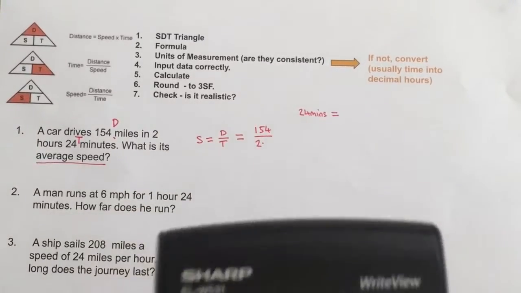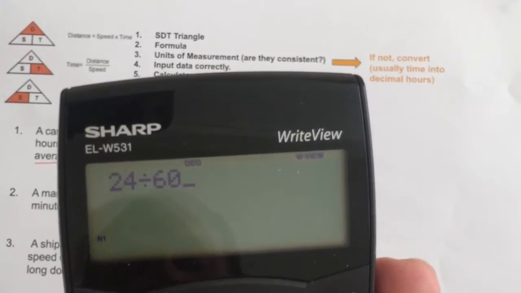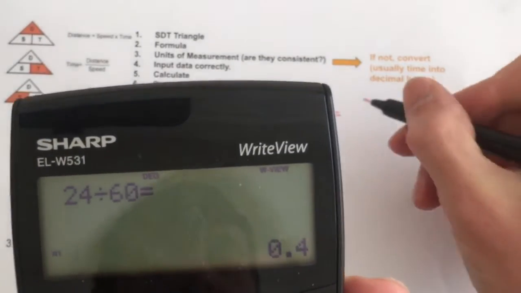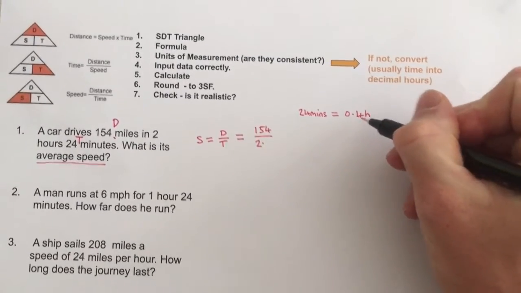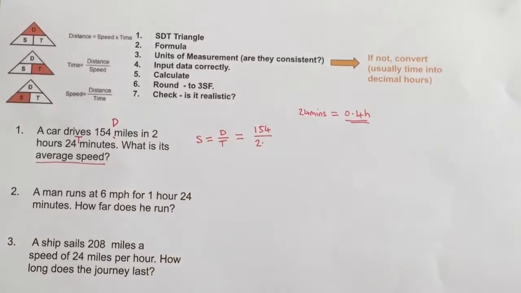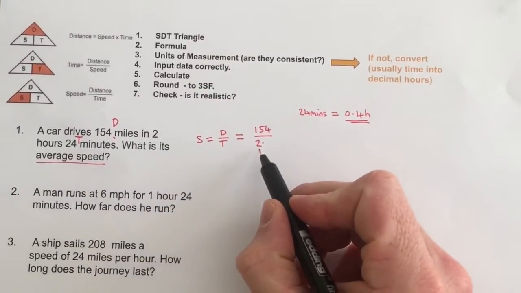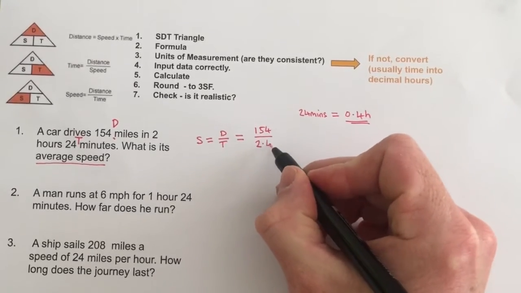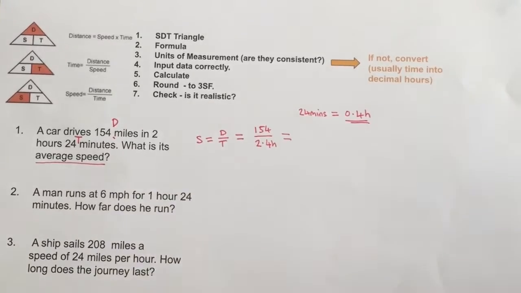I'm going to divide it by 60. 24 minutes divided by 60 equals 0.4 hours. So 2 hours and 24 minutes is going to be 2.4 hours.